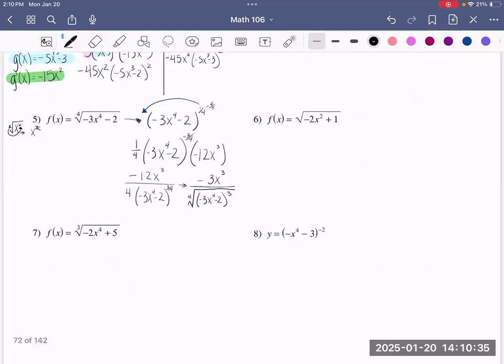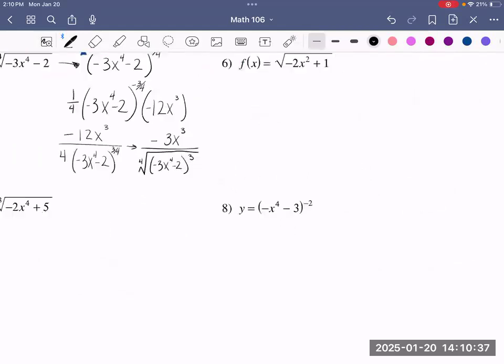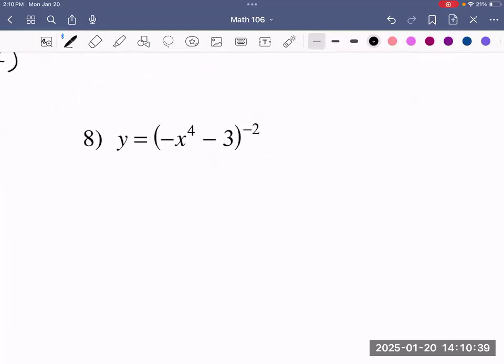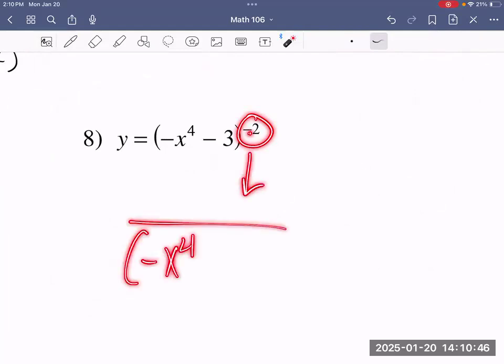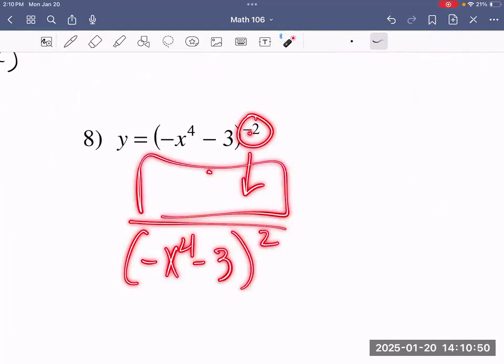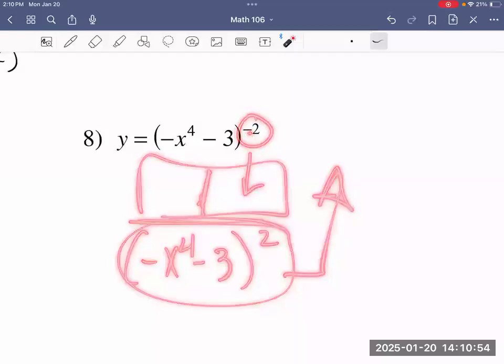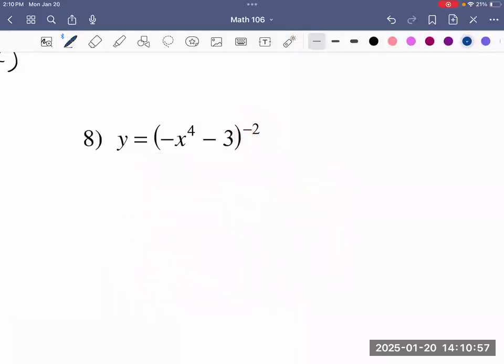All right, let's do number 8. Our power is already showing. In other words, if this was located down in the denominator, notice that we have 1 over this amount. If we want to show the power, it has to raise all the way up into the numerator. So let's perform the power rule first.